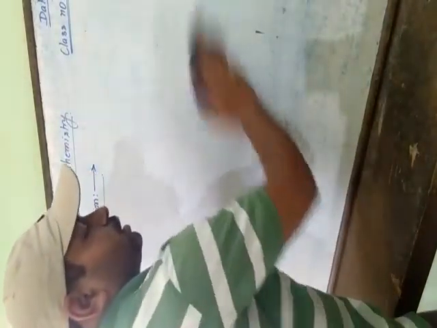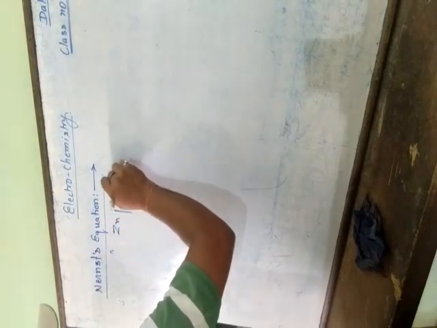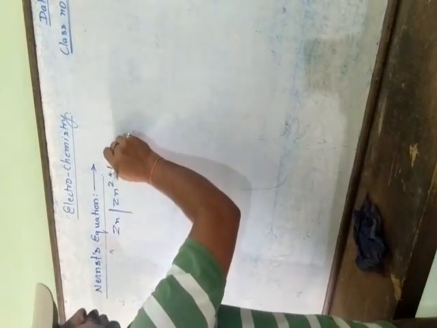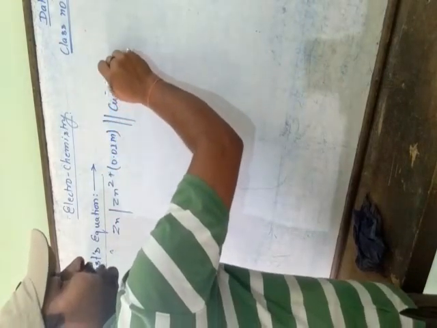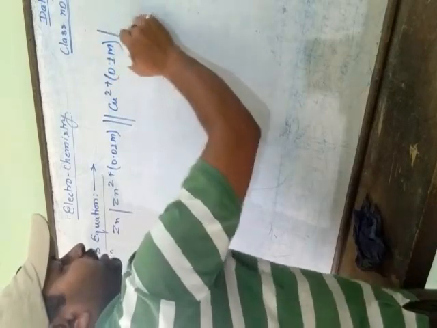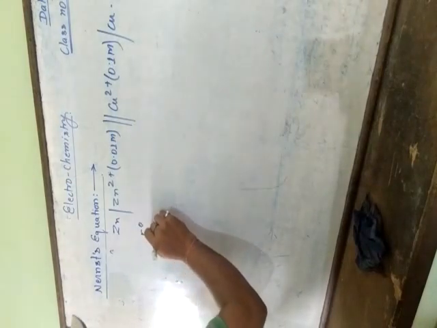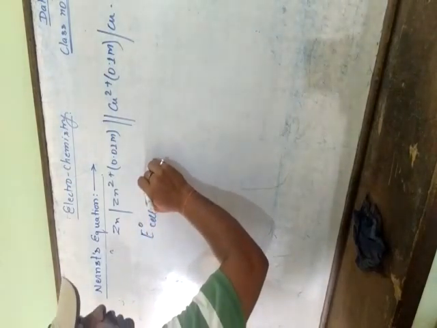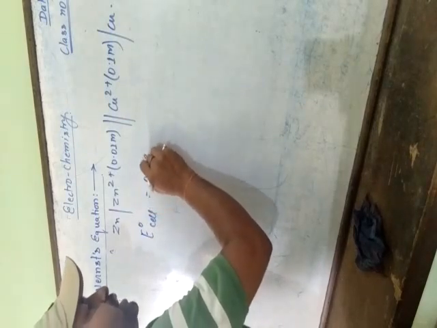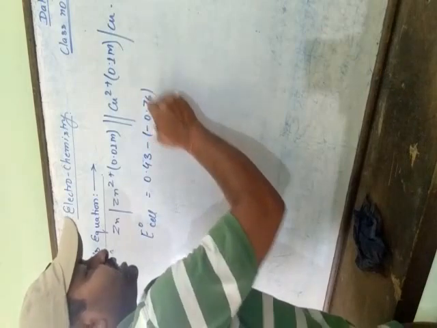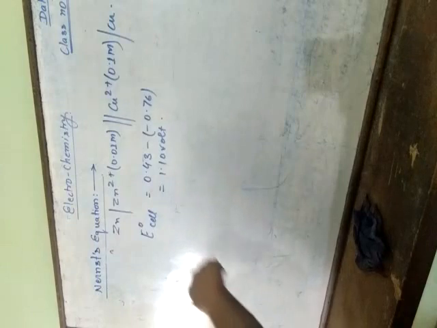Now students, we took a cell: Zn, Zn2+ 0.01 M, vertical line, Cu2+ 0.1 M, vertical line Cu. Initially we calculate E cell, that is 0.34 minus (minus 0.76), that is 1.10 volt, which was studied in the previous class.